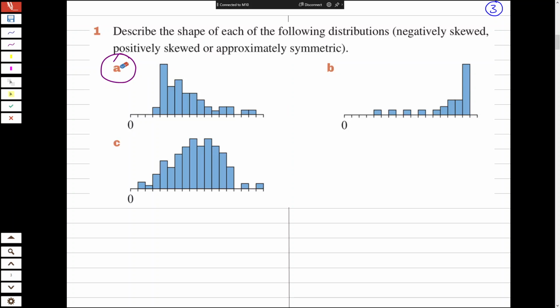Whoops. Oh, I can't rub out like that. I'll open the floor. Maddie? Is it because on the positive side they're more even, rather than on the negative side it's a bit more?